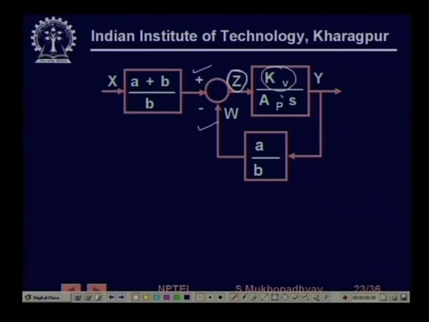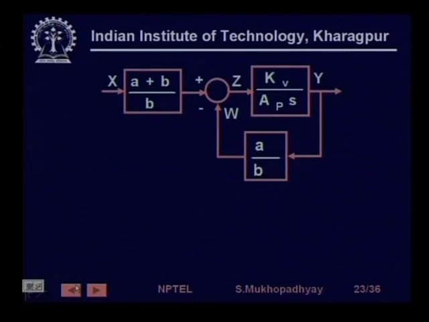That creates a volumetric flow, which divided by AP, the area of the piston, gives you the linear motion, and integrated by 1 by S gives you the motion W. So, this is the control system that is effective.